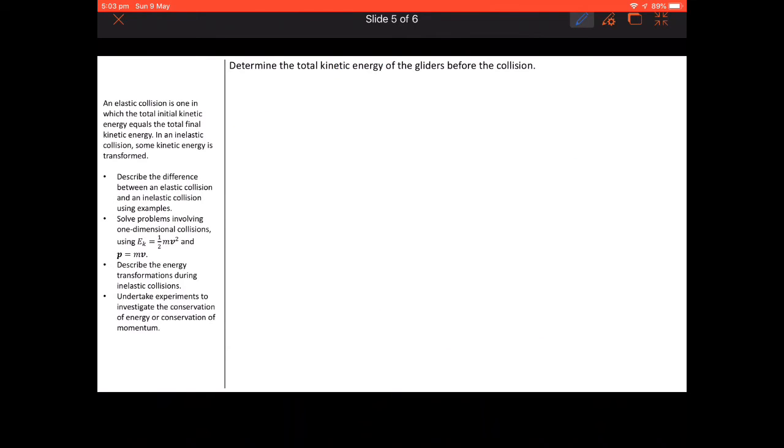The next question is asking us to determine the total kinetic energy of the gliders before the collision.